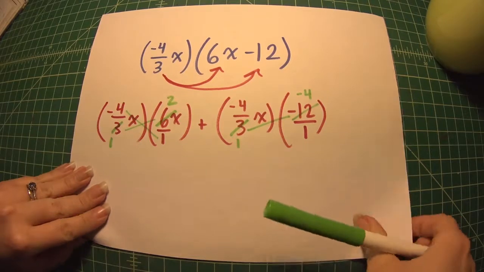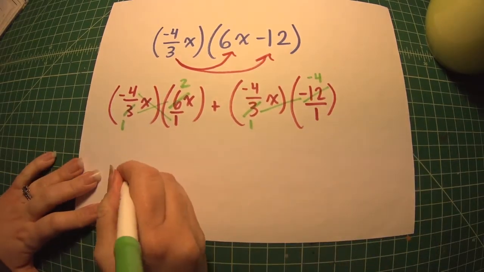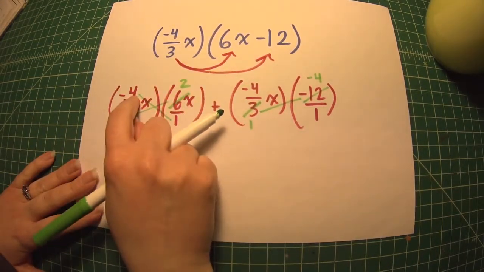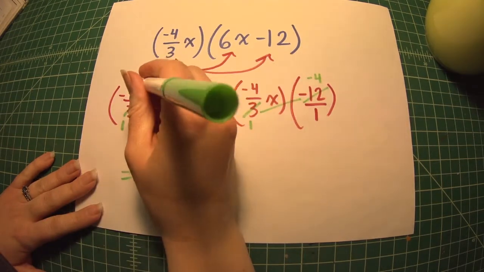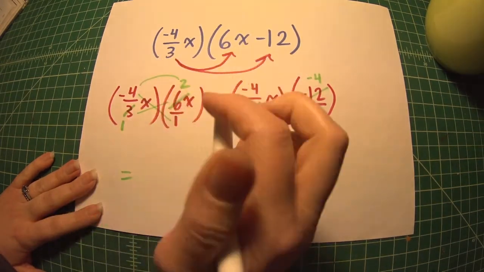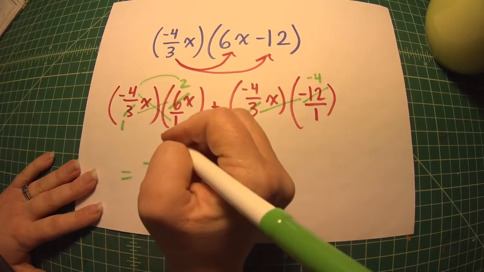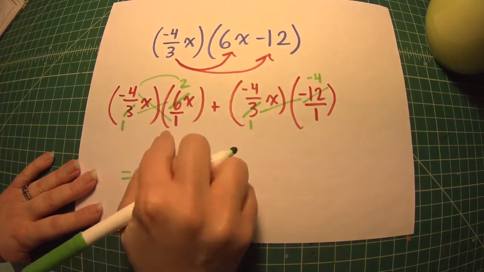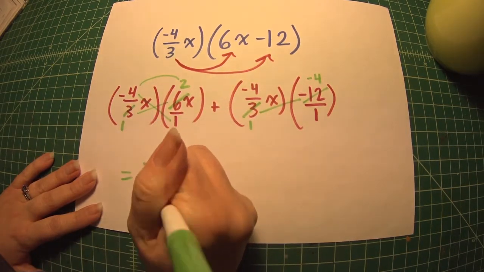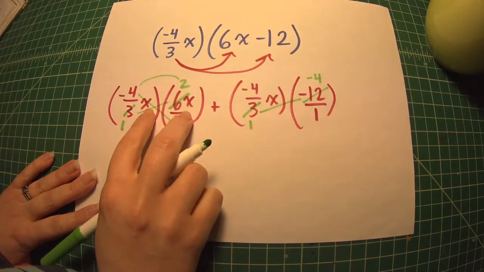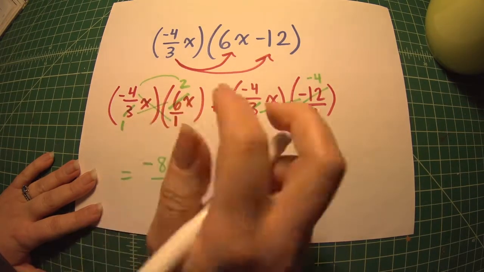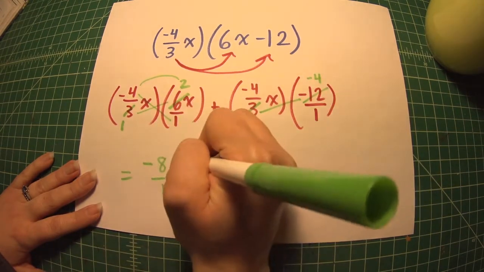Now I'm going to actually multiply those out. So I've got negative 4 times positive 2, mismatch. 4 times 2 is 8. And 1 times 1, 1. And don't forget about your variables, because I have an x times an x here. So that makes x squared.